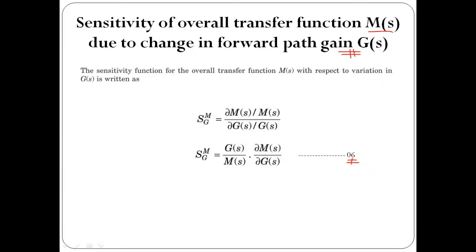This is a very important formula through which we find out the sensitivity of a system when we vary its forward path gain. It may be open loop or closed loop, that doesn't matter.